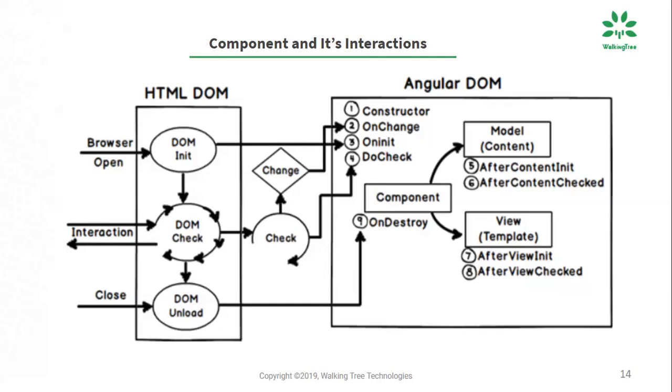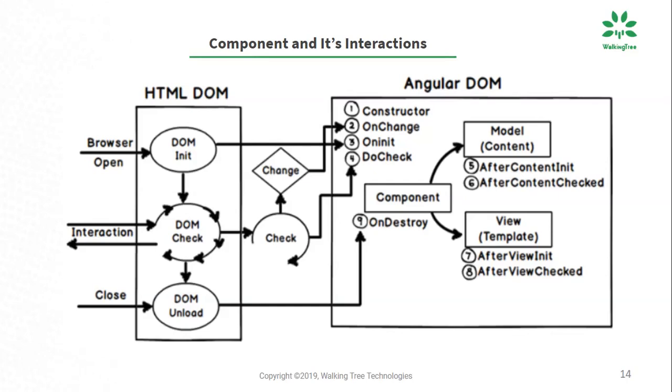Okay, and when DOM initialization happens, this on init method will be called, and the initialization we can do from on init. And when we change any of the element, any of the params value through an observable or by calling some method, the change detection will trigger that change.